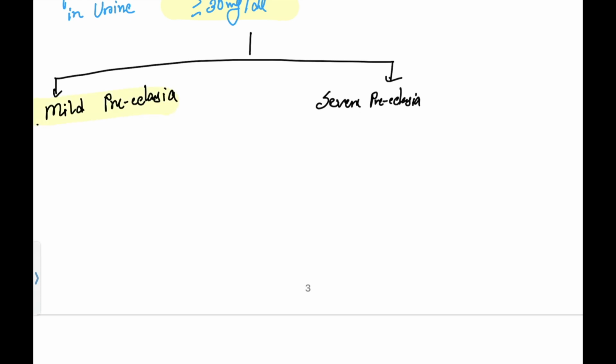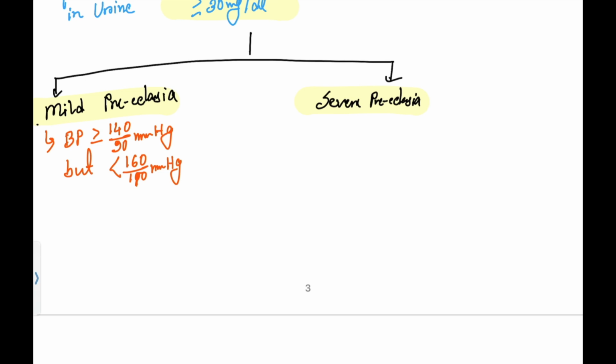Now see, in mild preeclampsia and severe preeclampsia, the features are the same in both. BP here will also be more than or equal to 140 by 90 mmHg, but less than 160 by 110 mmHg. In case of mild preeclampsia, BP will be more than or equal to 140 by 90 mmHg but less than 160 by 110 mmHg.